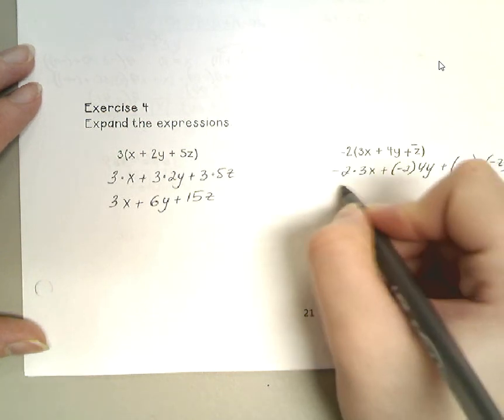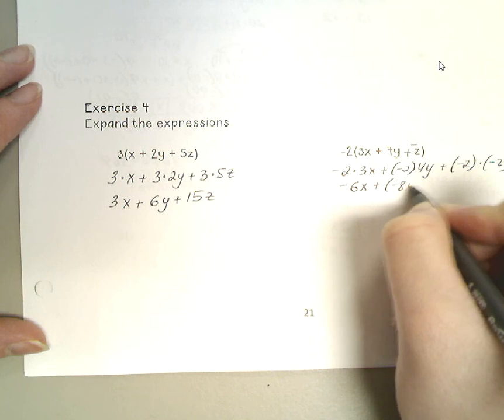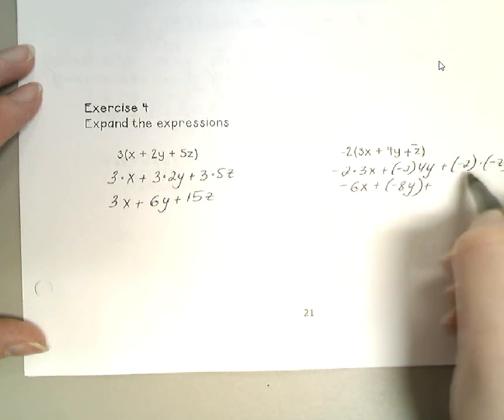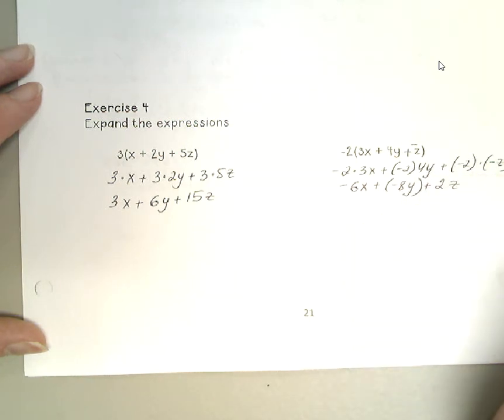I have negative 6x plus negative 8y plus positive, because I'm multiplying a negative by a negative here. They have the same signs. I have positive 2z.